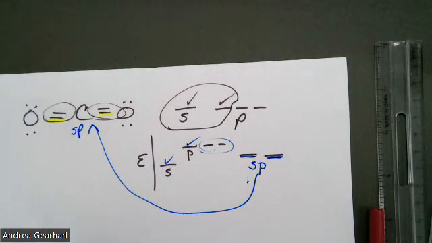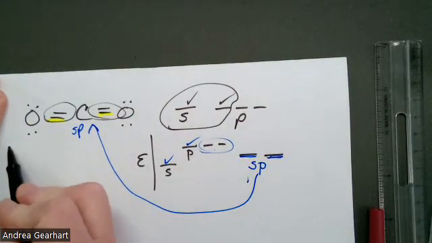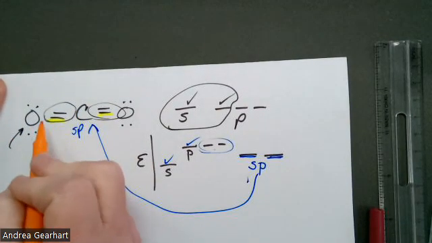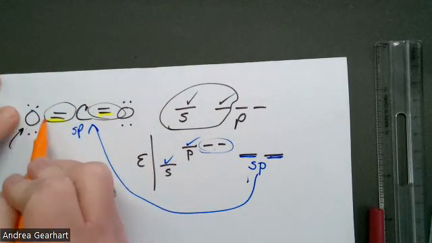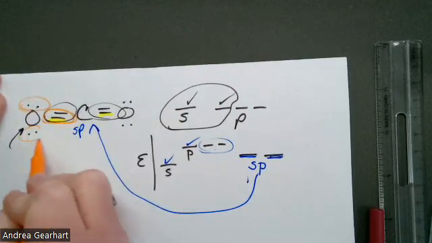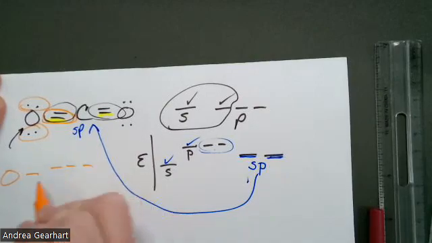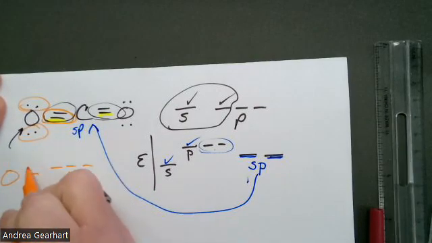Well, what if we were asked, what is the hybridization on one of these end atoms? Well, on the end oxygen, there would be 1, 2, 3 areas of electrons. We count lone pairs as well. Oxygen will bond with its s and its p, but here we need 3.